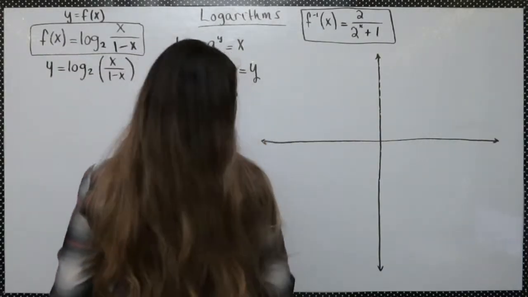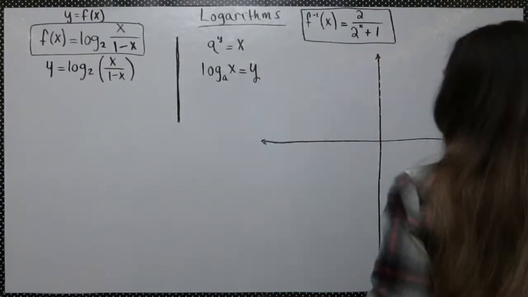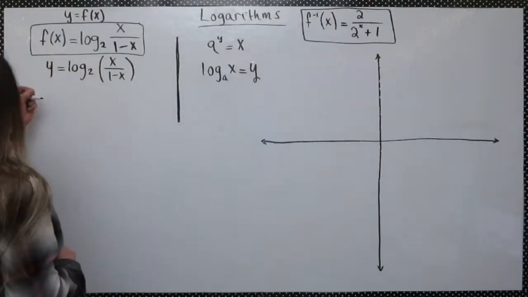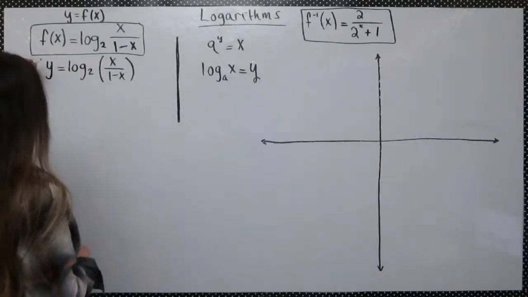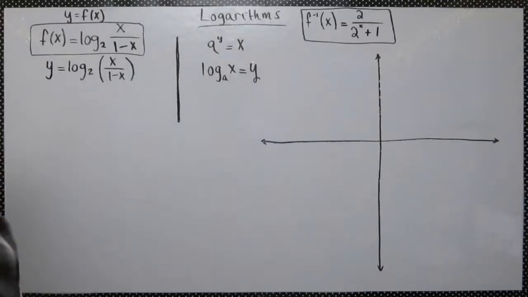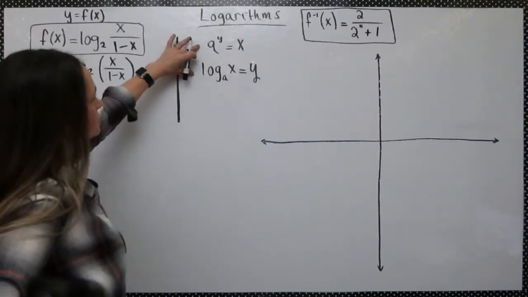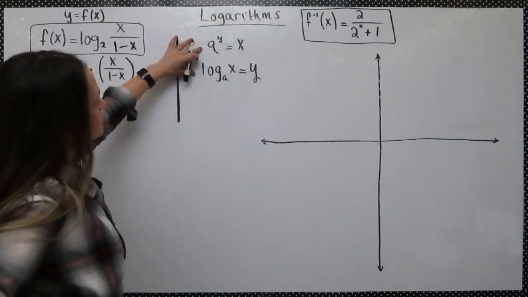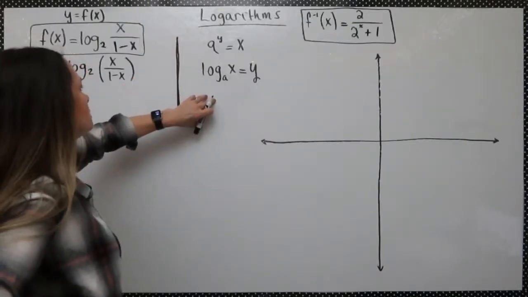So usually the process of taking your inverse, you're swapping out the domains and you're switching the x's and y's. And so typically you would switch x and y and solve for x. But in this case, we're going to have to change it using this log rule here, which is one of the main ones that I use. I also use change of base quite often.